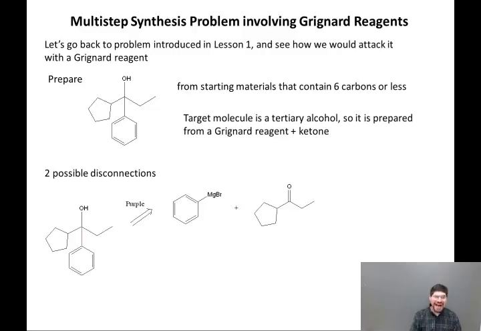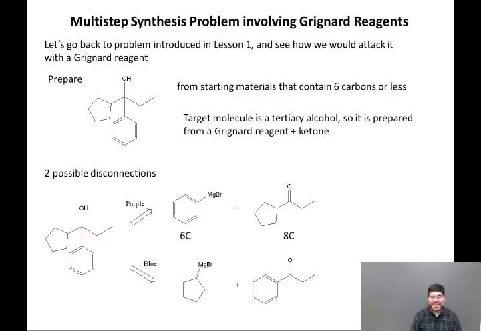So in order to have molecules that are the proper size, there are 2 reasonable disconnections. Once again, one of them is indicated in blue and the other is indicated in purple. So the purple disconnection would be to react phenyl magnesium bromide, a 6-carbon Grignard reagent, with cyclopentyl ethyl ketone, an 8-carbon ketone.